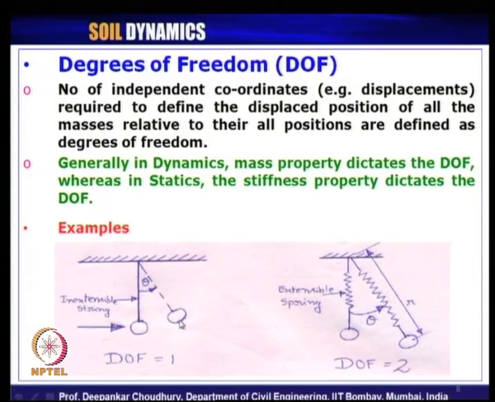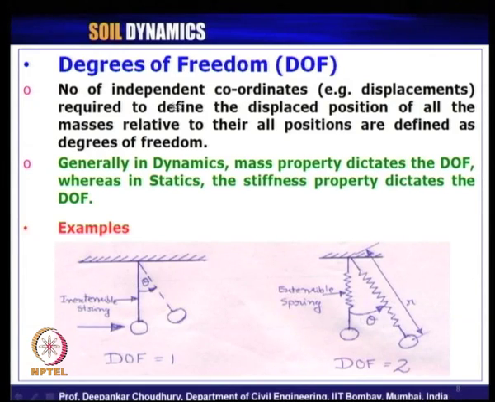So, it is a new displaced position. For this entire system, if we know this angle theta at any point of time, then we can define the position or the displacement or the coordinate of the entire system at any time. That is why this theta is the independent coordinate, as in the definition we have seen.